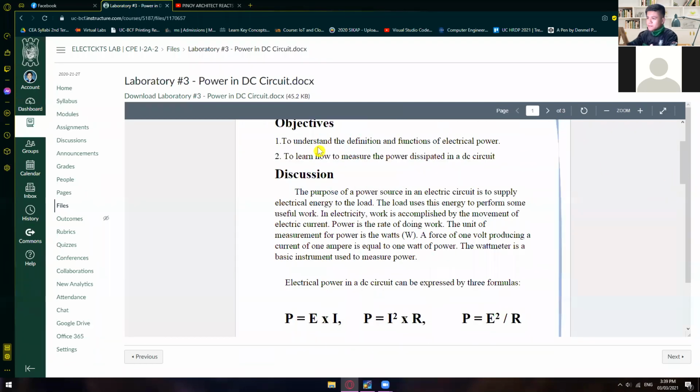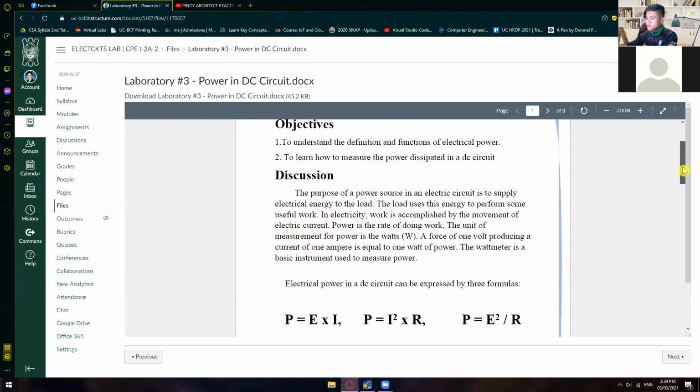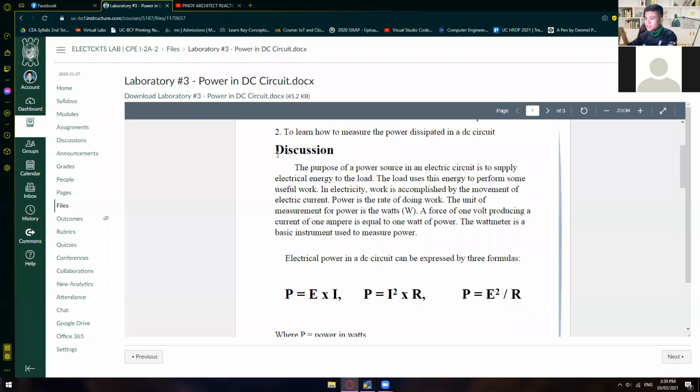The objectives of your lab number three are to understand the definition and functions of electrical power and to learn how to measure the power dissipated in a DC circuit with the use of LT-Spice. Of course we're going to use the application, and here's the discussion and here are the formulas wherein you can get the power.